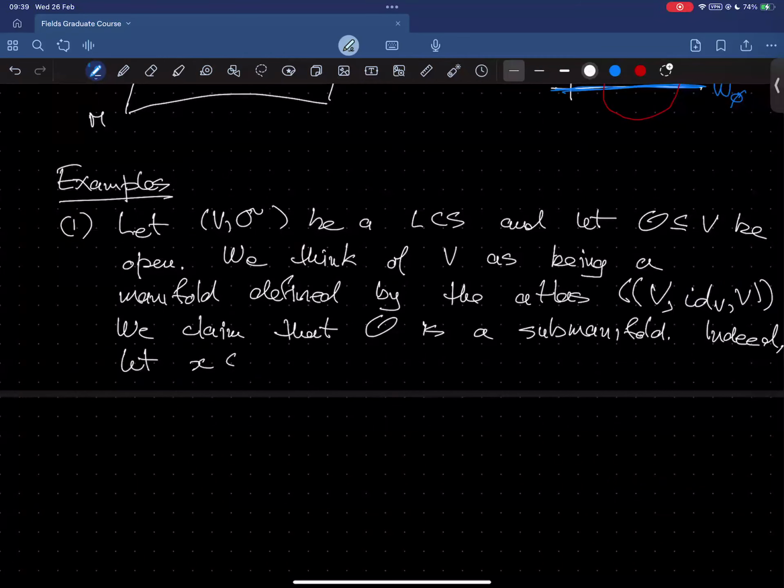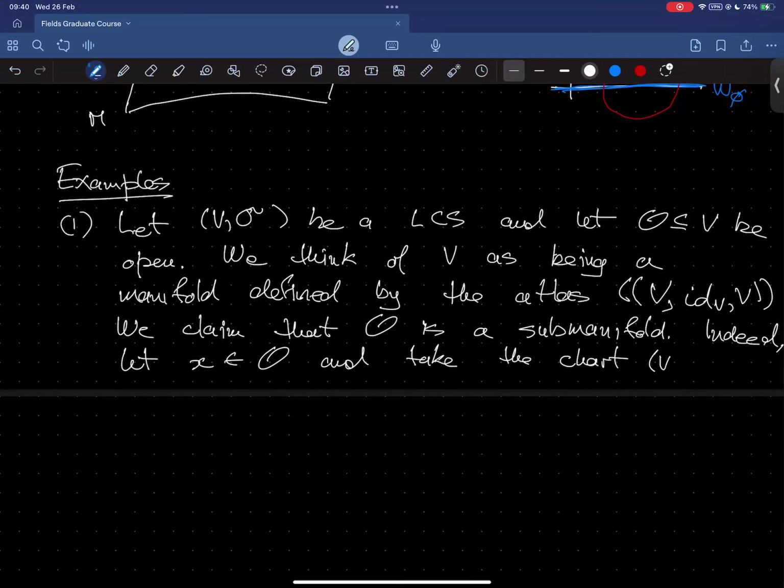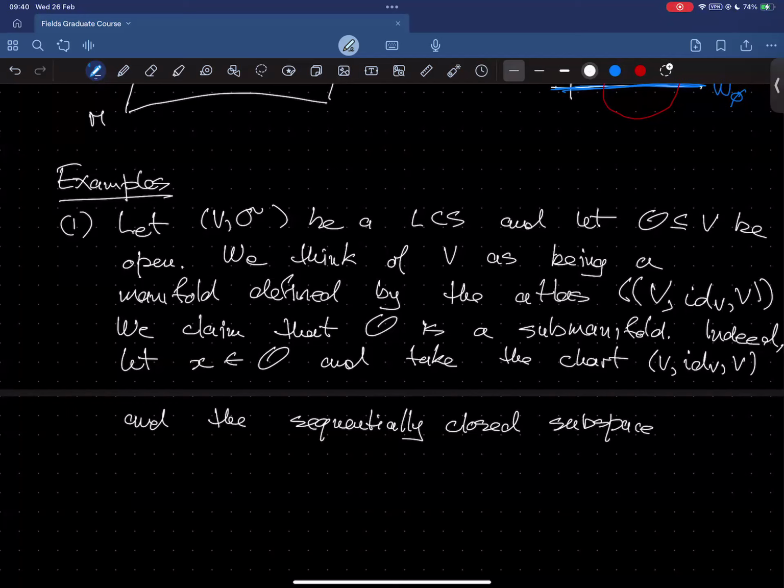We let X be in O and take the chart. So the chart we take is the chart we already have for V, the identity map, and the sequentially closed subspace W. Well, let me not call it W phi.